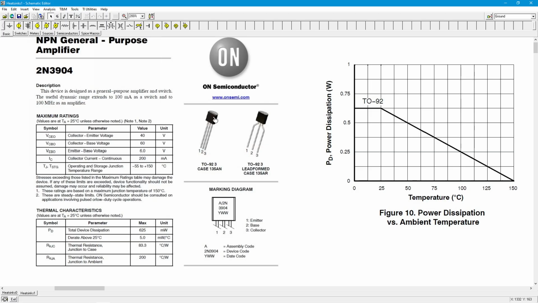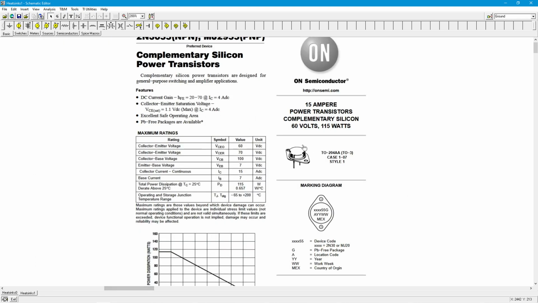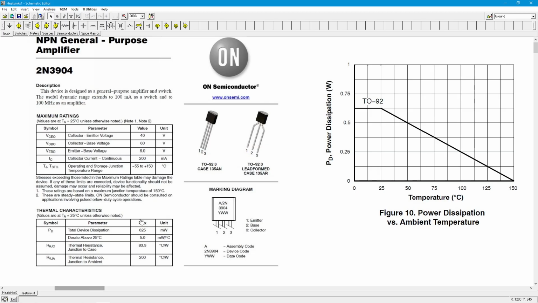As you can guess, though, this little plastic case cannot give up heat to its surroundings nearly as well as this nice metal case, which is several times larger. This can dissipate heat, convection, radiation, and so forth, much more efficiently than that little plastic one can.